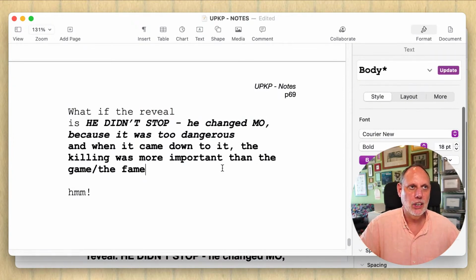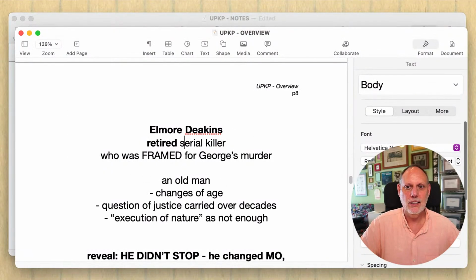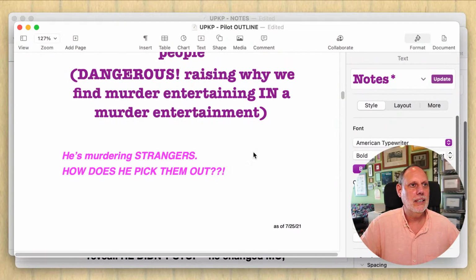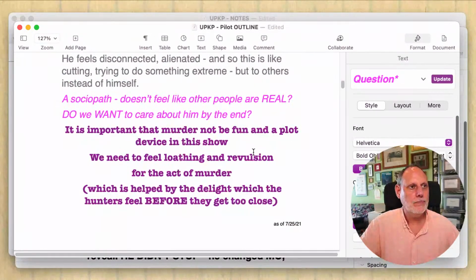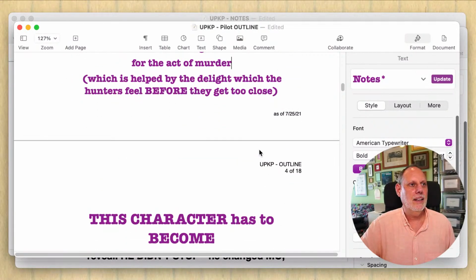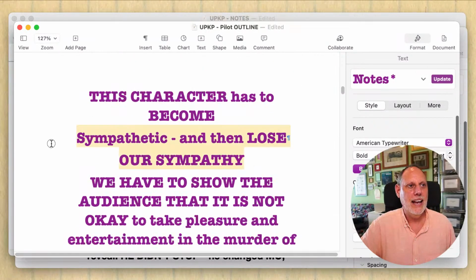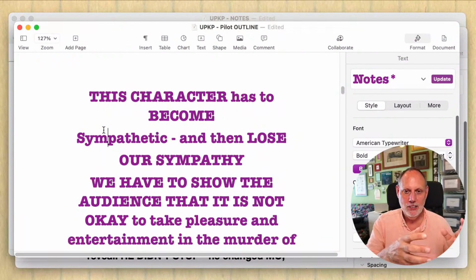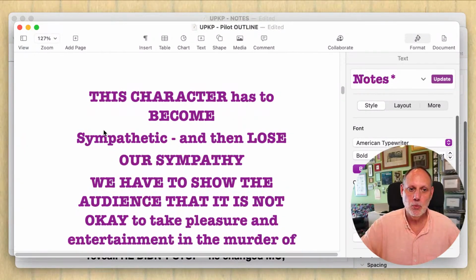Remember I had said earlier that the idea here is, I think it's in the outline. Yes. He has to become sympathetic and then lose our sympathy. The way that's going to happen is he's going to talk to them like a person. He's going to be saying, hey, I got framed. We're sort of weirdly in this together.